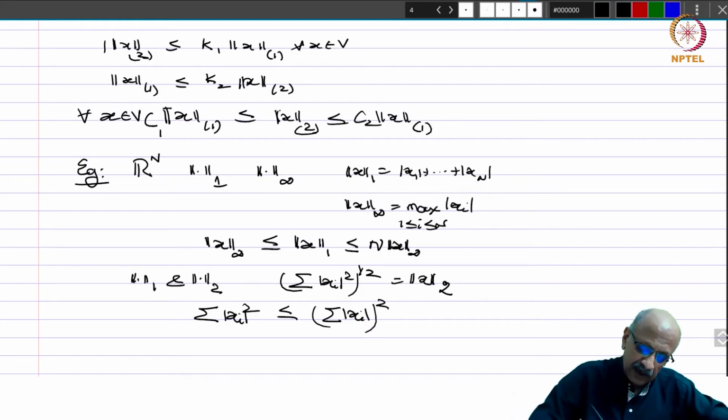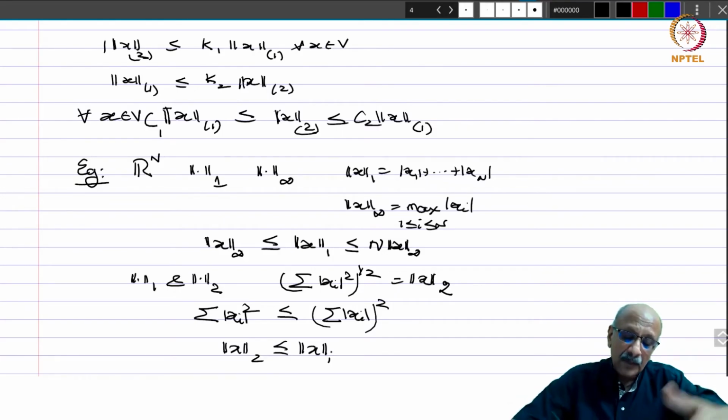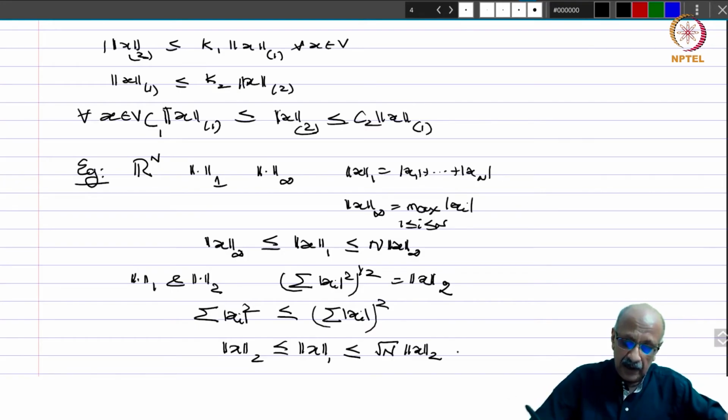Therefore, it immediately follows that norm x2 is less than or equal to norm x1. But for norm x1 you apply the Cauchy-Schwarz inequality, so this will be less than or equal to root n times norm x2. So these two norms are also equivalent. So norm x1, norm x infinity and norm x2 are all equivalent norms, because equivalence is of course a transitive condition.